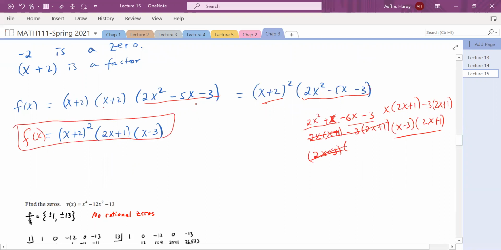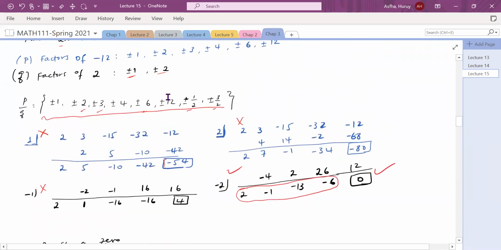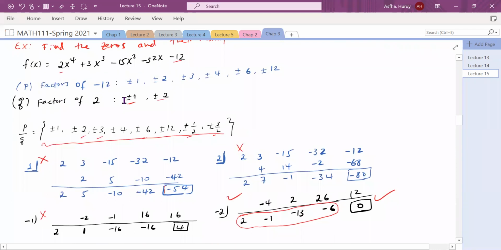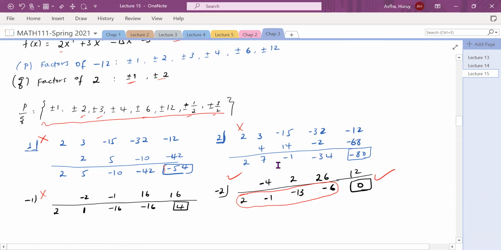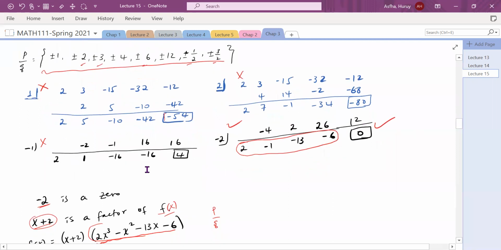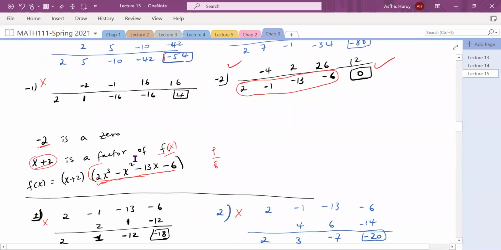Okay. So the idea here is we use the rational zero theorem. We list all the possible rational zeros, and we try to find one of them as a zero of the polynomial function. We can use synthetic division, which is much easier and time saving. And once we find one, we write the polynomial function in a reduced form, and then we factorize the next one.